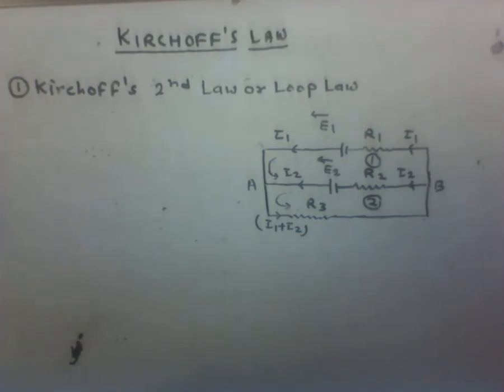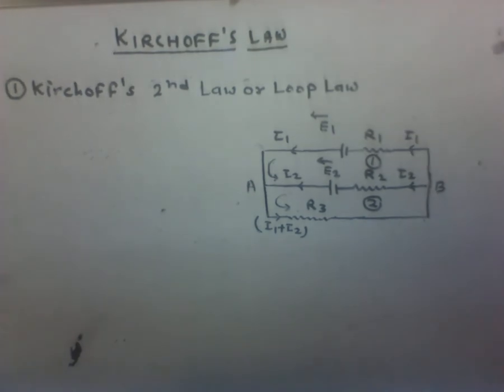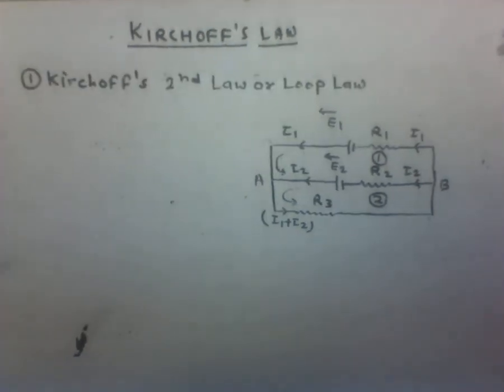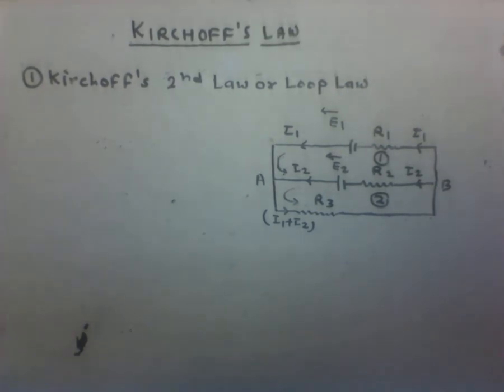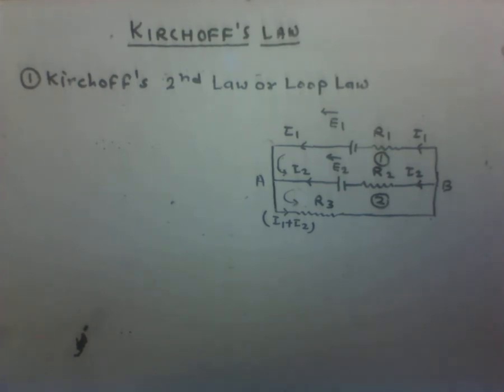Now we are going to discuss Kirchhoff's second law, which is also known as loop law. It states that in any closed loop of a circuit, the algebraic sum of the products of current and the resistances in each part of the loop is equal to the algebraic sum of EMFs in that loop.